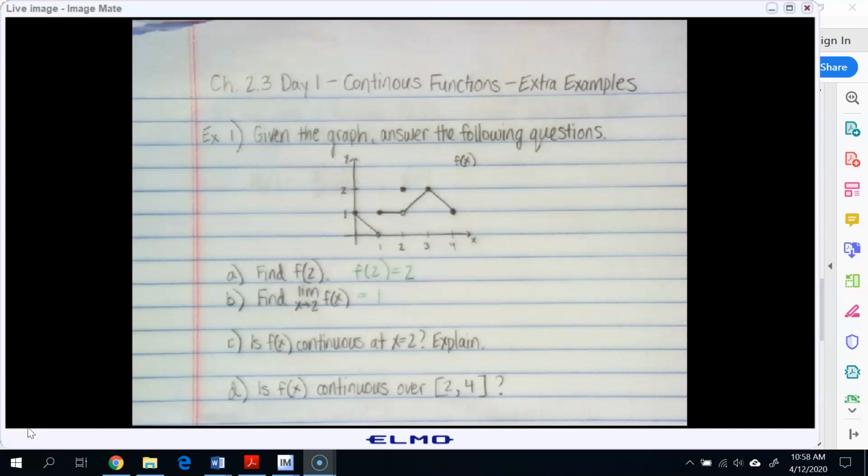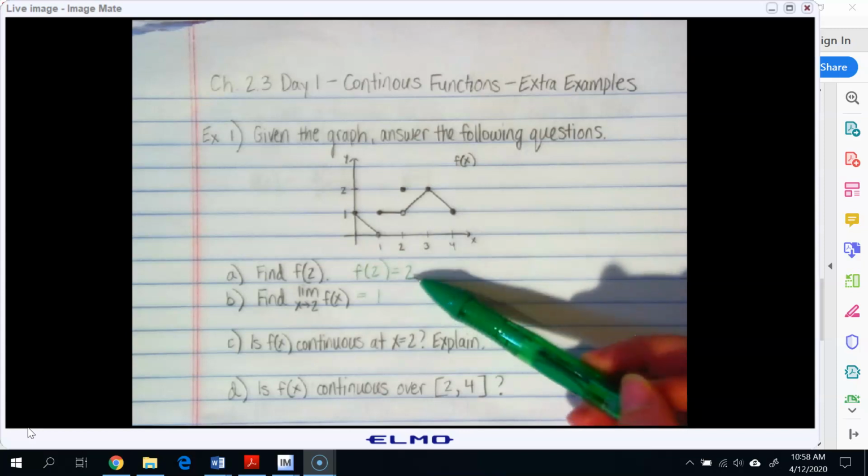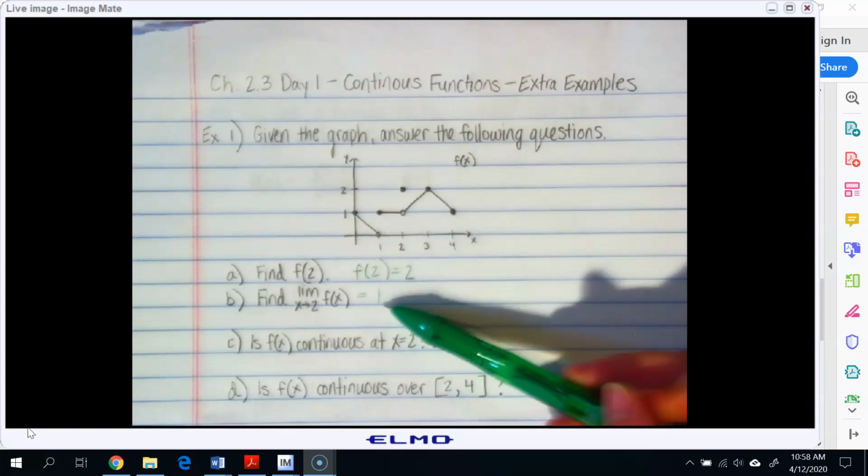Alright, so then in part C, when it says, is f of x continuous at x equals 2, and explain, well, remember the definition of continuity at a point, specifically an interior point like we have here, is that the limit as x approaches that value has to equal the function definition. So here, since the function definition is 2 and the limit is 1, those aren't equal.